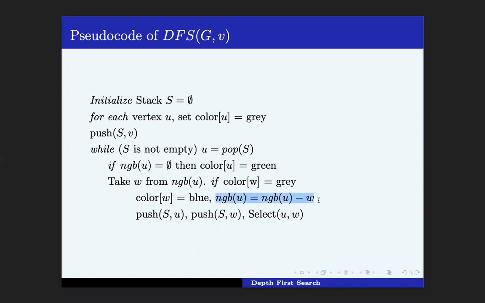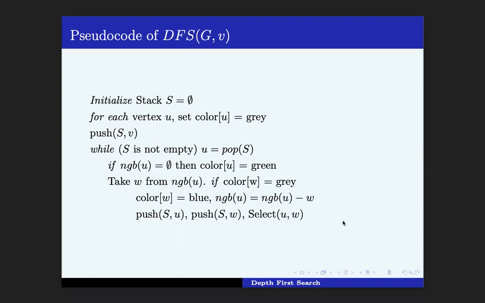This one should always be done: W should be removed from the neighborhood of U. So this removal step can come before the if clause, irrespective of the answer of the if clause. And then in the if clause, if the color is gray, then we select U comma W.